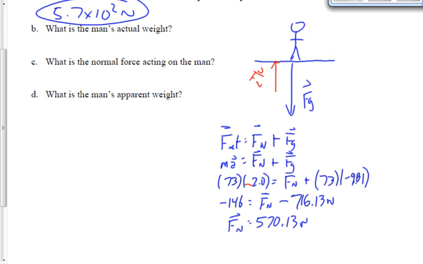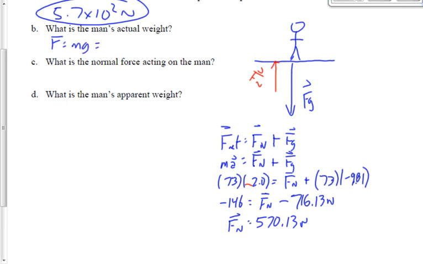Do you remember how we defined weight? No? Nick, do you remember how we defined weight? 9.81 times. All right, so force of gravity. Force of gravity, 9.81 times the mass. If we want to find the man's actual weight, all we're going to do is say m times g.